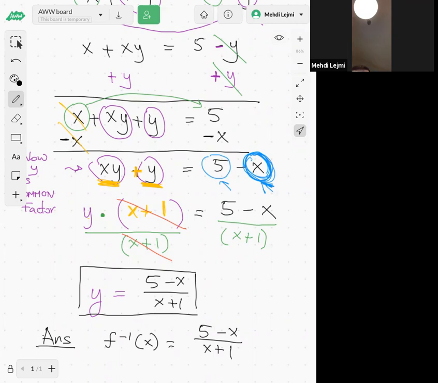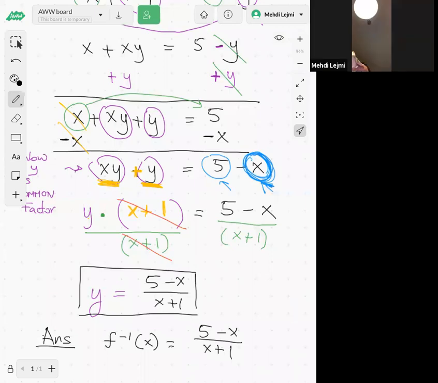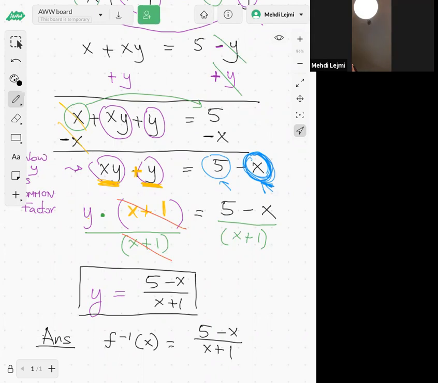Yes, Elizabeth. I have a question. For example, if we put x minus 5 over 1 plus x, is that wrong? No, it's not exactly the same thing.